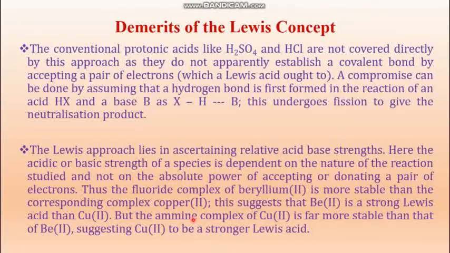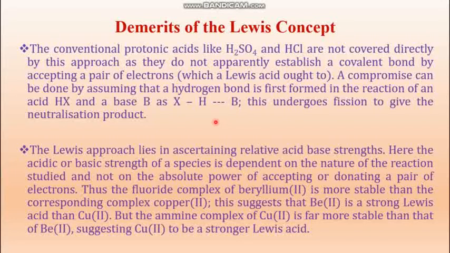So this theory also has some demerits. What are the demerits? First of all, listen carefully. The conventional protonic acids like sulfuric acid and hydrochloric acid are not covered directly by this approach, as they do not apparently establish a covalent bond by accepting a pair of electrons, which a Lewis acid ought to.